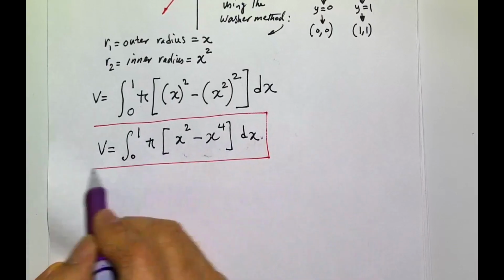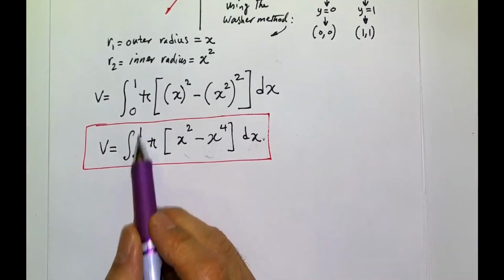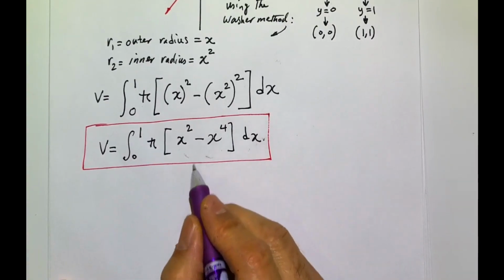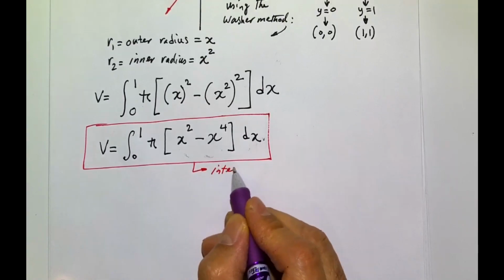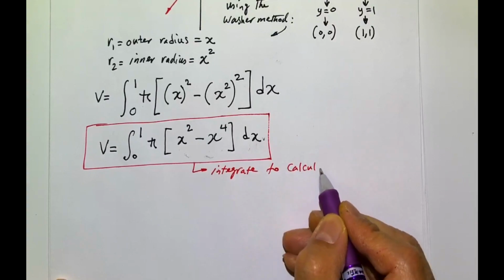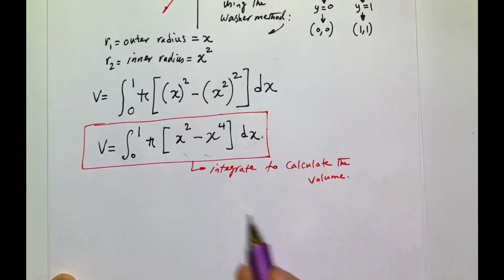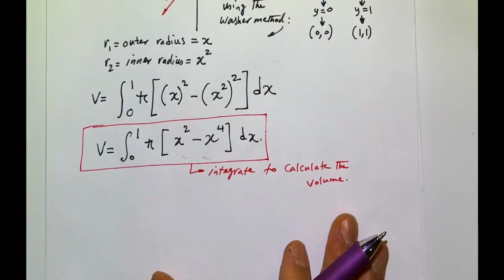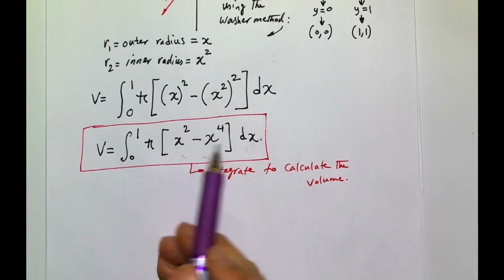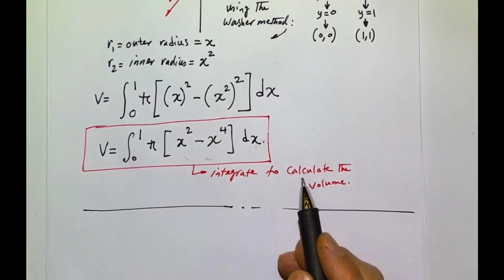So there's our integral. Okay, we can easily integrate that times pi between these limits. So I'm just going to integrate to calculate the volume. I'm sure you're seeing that the most important part of this methodology to use integration to calculate volume is finding this integrand. Once we have that, the rest is really, really easy.